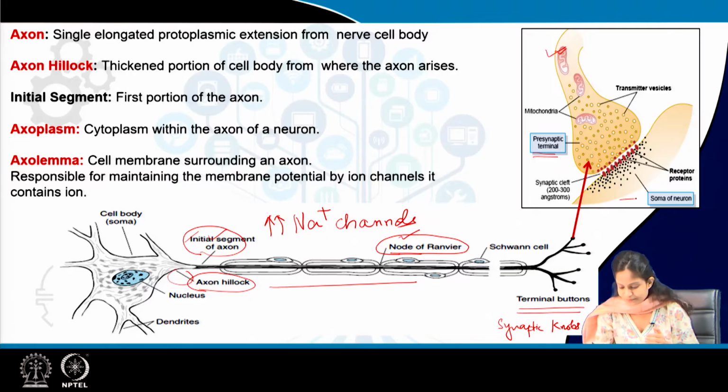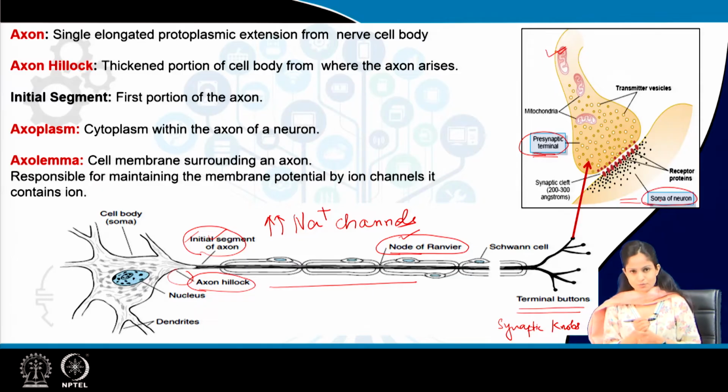This portion is the postsynaptic terminal, which will receive the impulse. The presynaptic terminal is the part of the axon, and the postsynaptic terminal is part of the nerve cell body or soma. In between them there is a cleft or gap, known as the synaptic cleft.